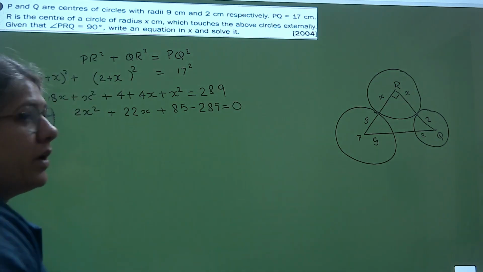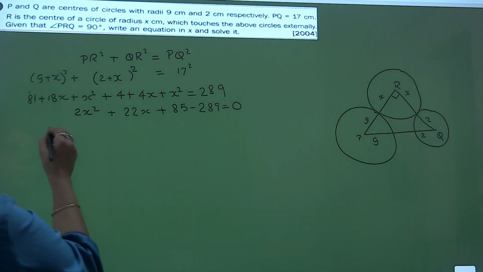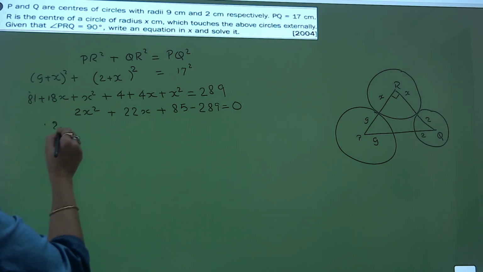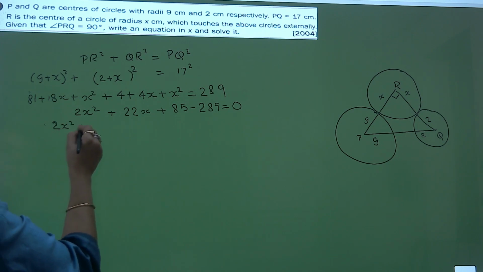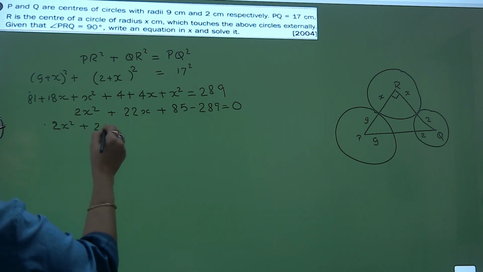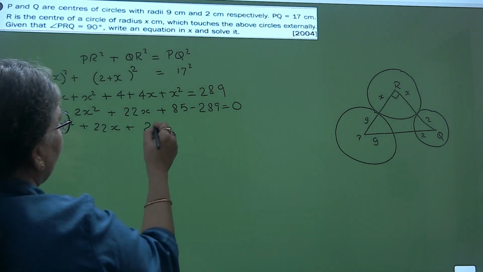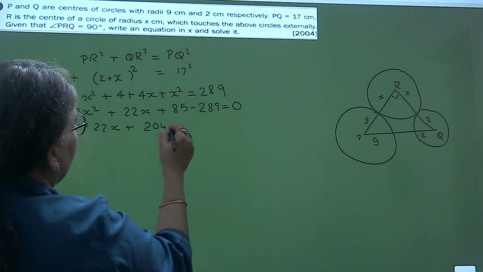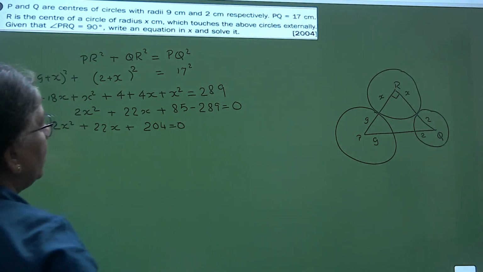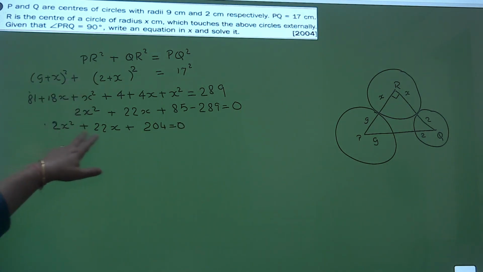So we get a quadratic equation: 2x square plus 22x minus 204 is equal to 0. So this is the equation.